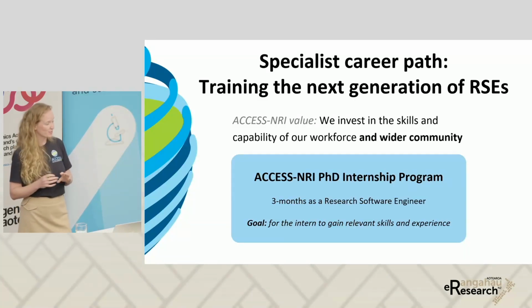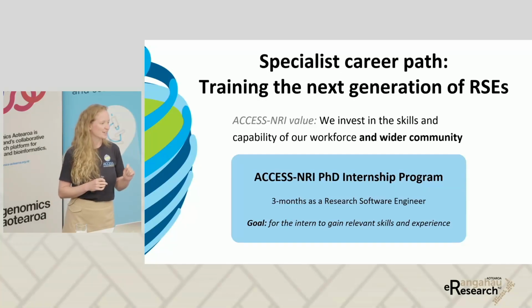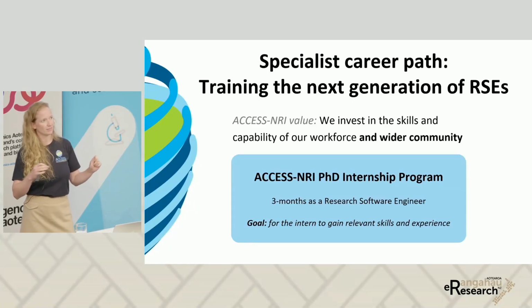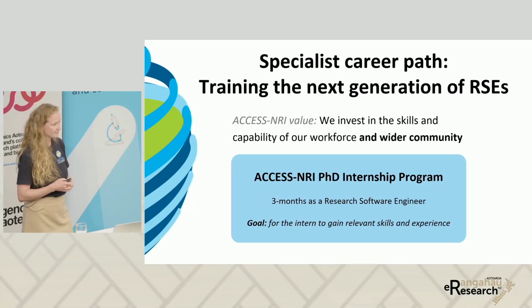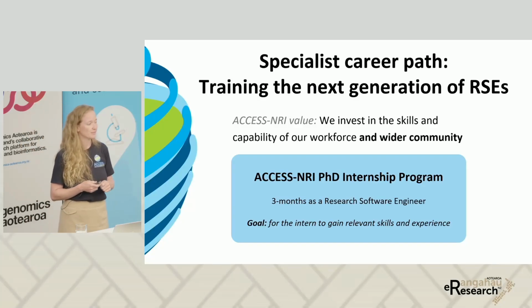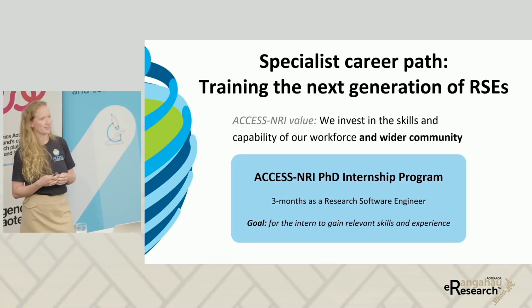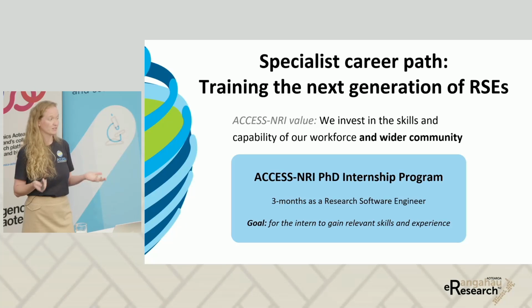And our goal for this program is that the interns gain relevant skills and experience. It's not about how much contribution they make to our models or anything like that. Our goal is really for them to experience what it's like and to gain some of those skills. We actually did run a trial program last year with 4 interns, and it was quite successful. So we're pretty excited about that, and we're planning to launch our full program later this month.